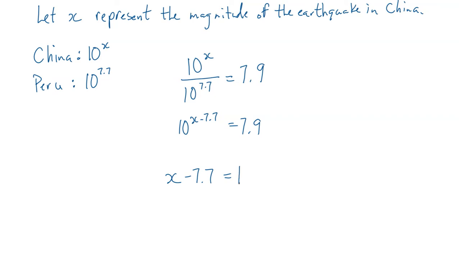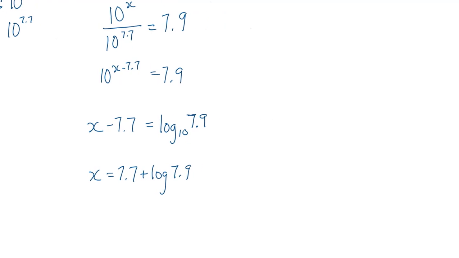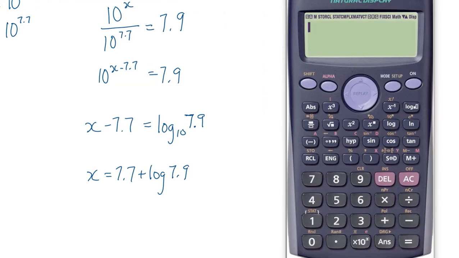Log of 7.9, log base 10, which we don't have to write, but I'm going to include it just because otherwise people might be confused. Move the 7.7 over. I'm going to put it out front for clarity to make sure we know what the argument is. I think some people earlier were not putting it out front, and they did this: log 7.9 plus 7.7, and obviously that's wrong because now the 7.7 is inside the argument of the log. So put it out front and you'll be safe.